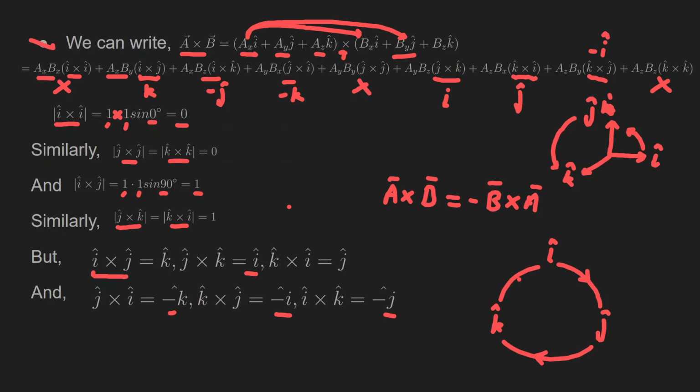So I cross J will give me K, J cross K will give me I, K cross I will give me J. If I reverse the order, if I move from I to K, I am going in the opposite direction, so I have to pull a negative sign, which gives me minus J. If I do J cross I, I get minus K, and so on and so forth.